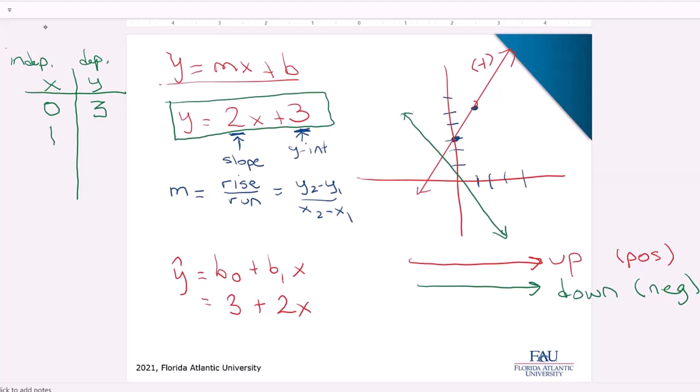If x is 1, 2 times 1 is 2 plus 3 is 5. If I pick 2, I have 2 times 2 is 4 plus 3 is 7. The distance between each one of these is 2, which is my slope because I'm going up 2 and over 1, which is my rise over my run.